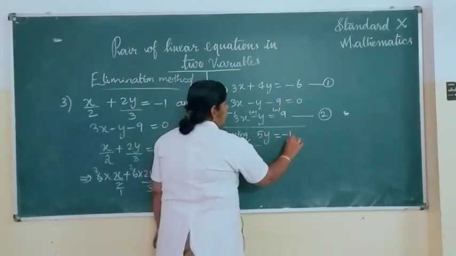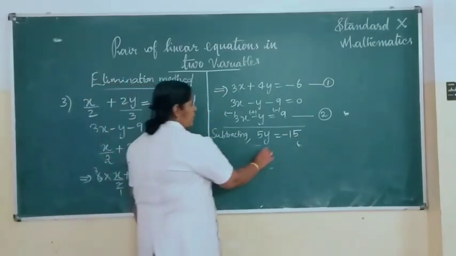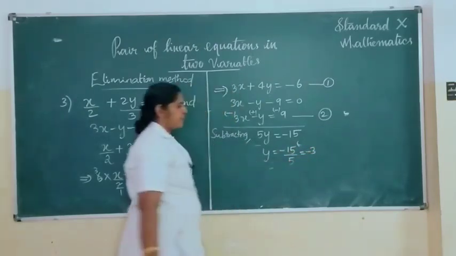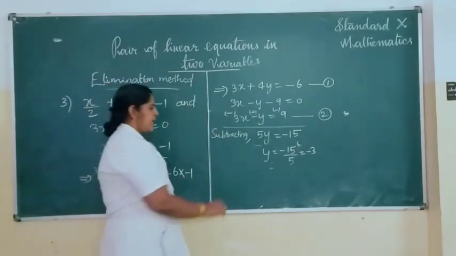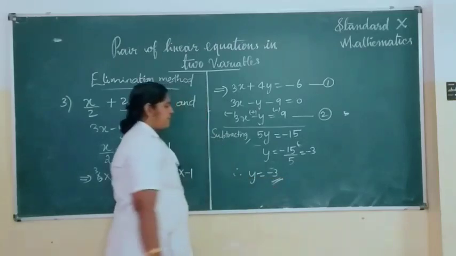It becomes minus 15. Now what is y? y equal to minus 15 by 5. That is minus 3. Thus you got the y value as minus 3.